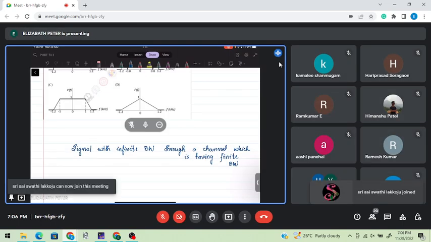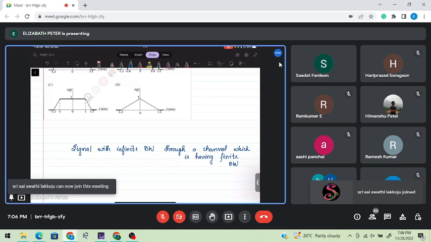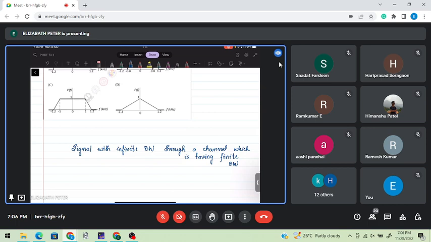The signal gets filtered. Actually, that's not the correct terminology. What happens is that the signal's bandwidth gets limited because the channel is having only finite bandwidth and the signal is having infinite bandwidth.